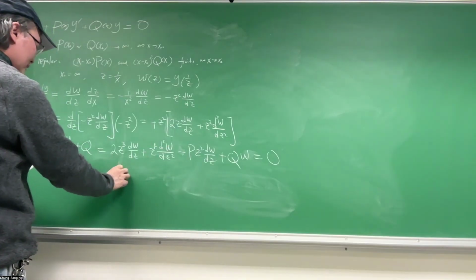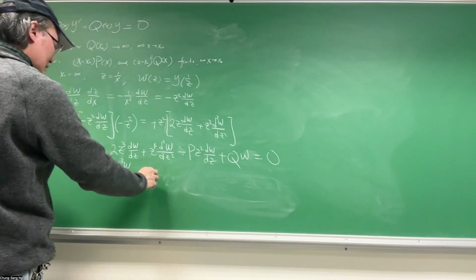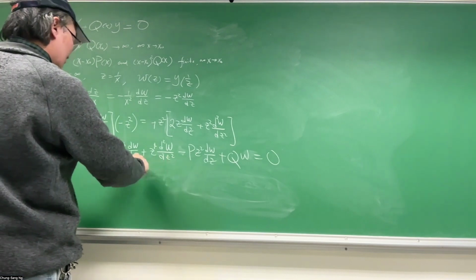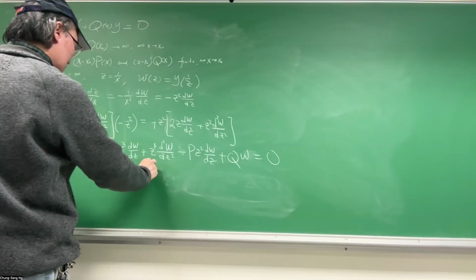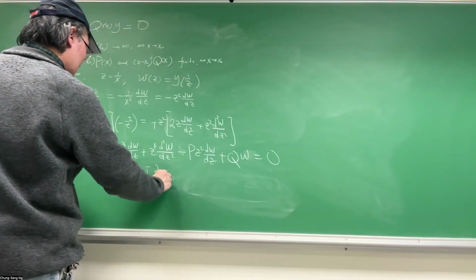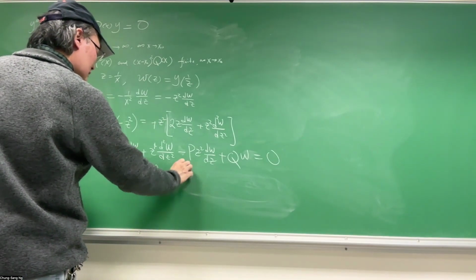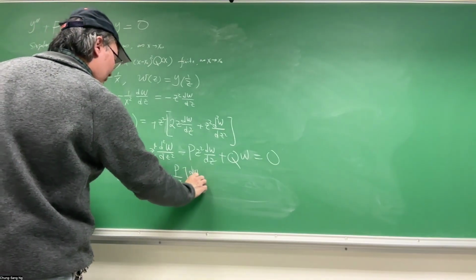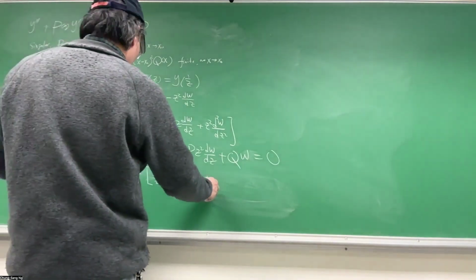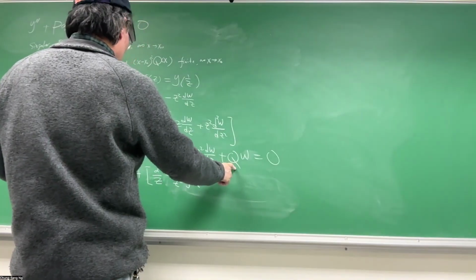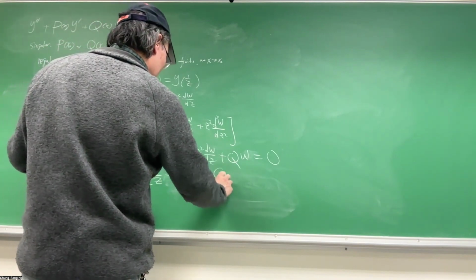So d squared w dz squared, and then the linear term, combine this and that, and divide by z to the 4th power: plus 2 over z, minus p over z squared, dw dz, and then plus q over z to the 4th.